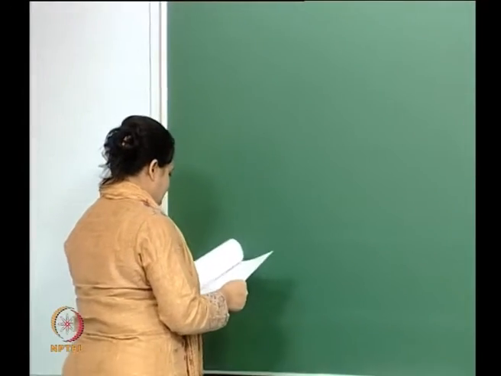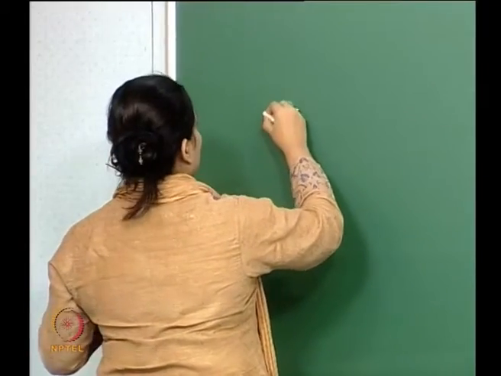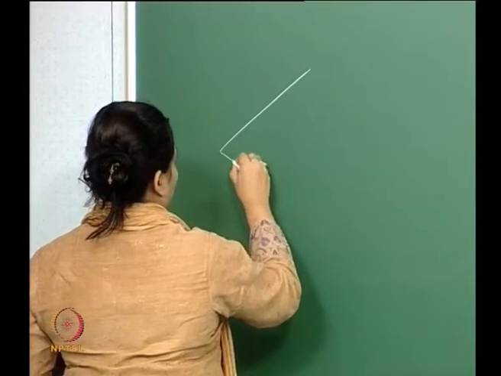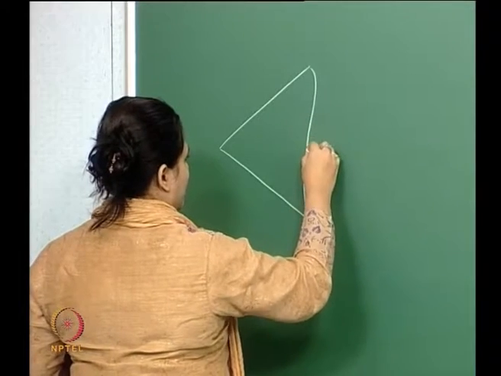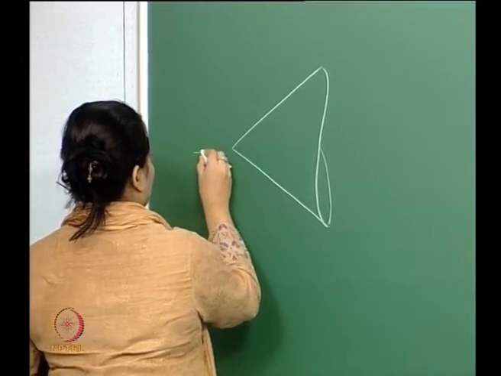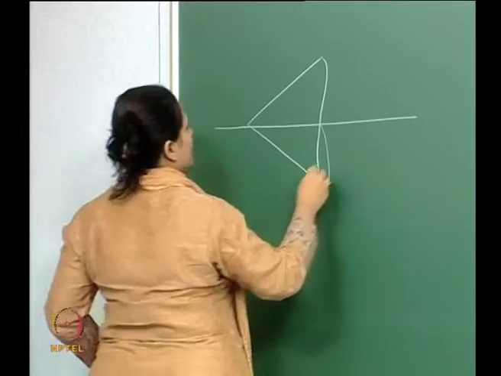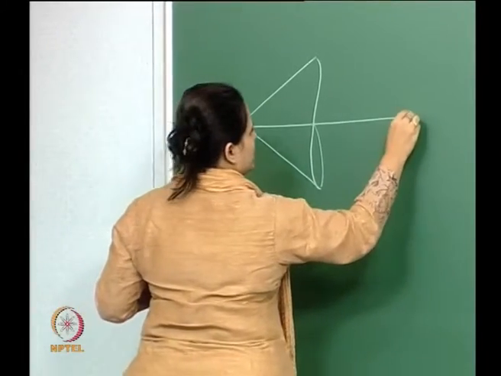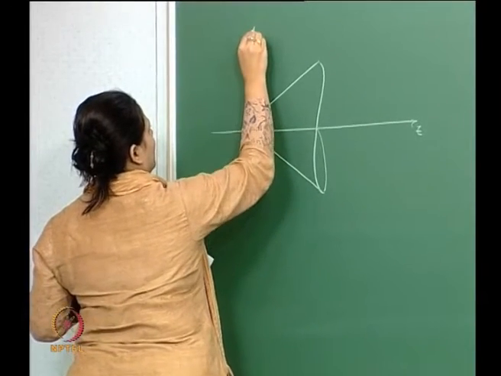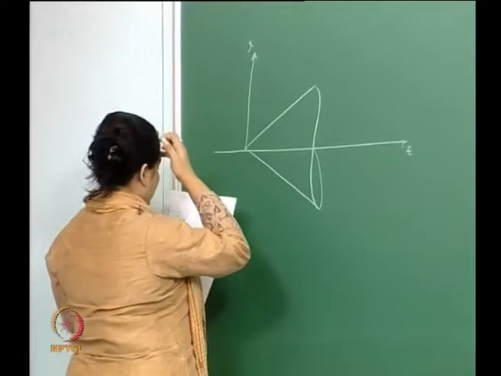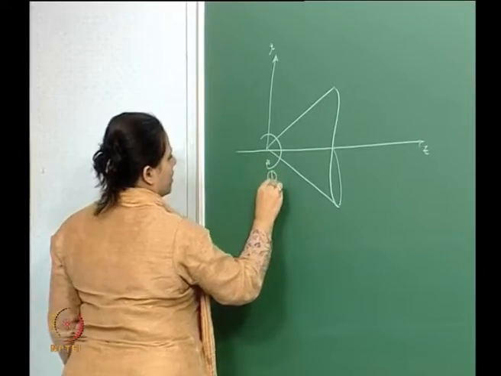This is something that we have done last time. So, this is my z direction, and this is the radial direction, and this of course is in the phi.